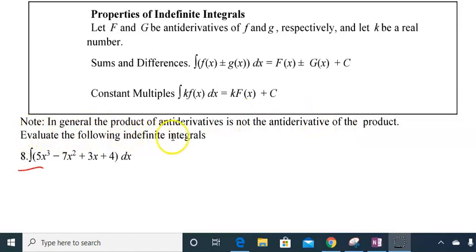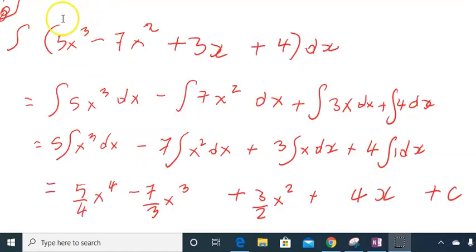Evaluate the following. Integral of 5x cubed minus 7x squared plus 3x plus 4 dx. So using our properties, we can separate this by our sum and differences rule.